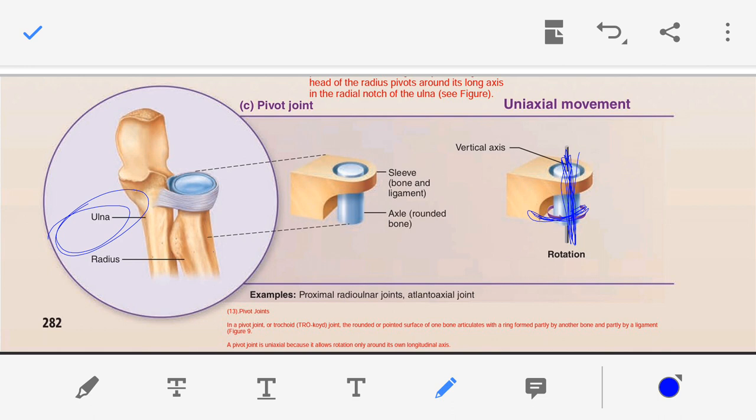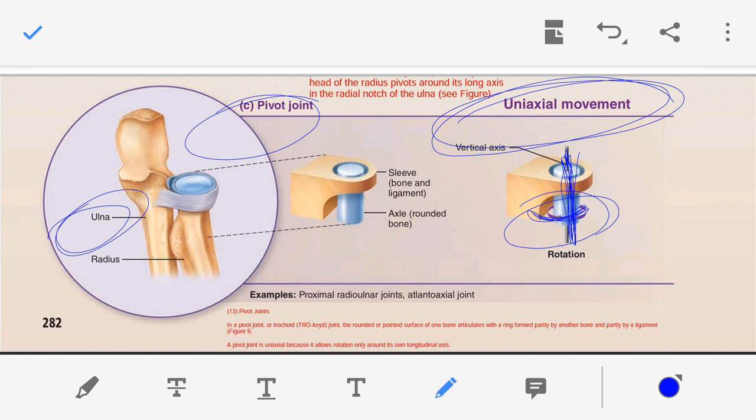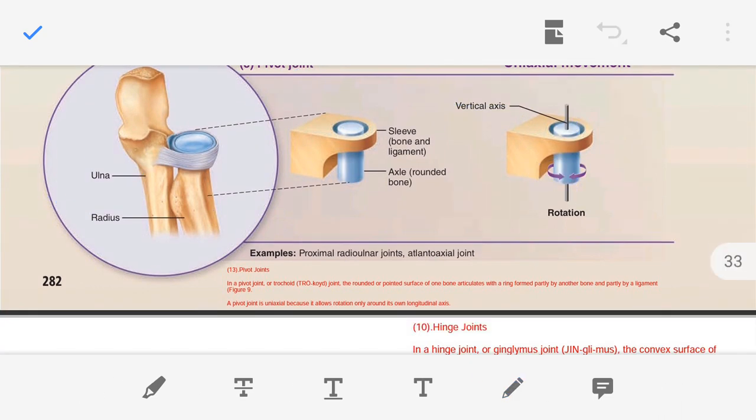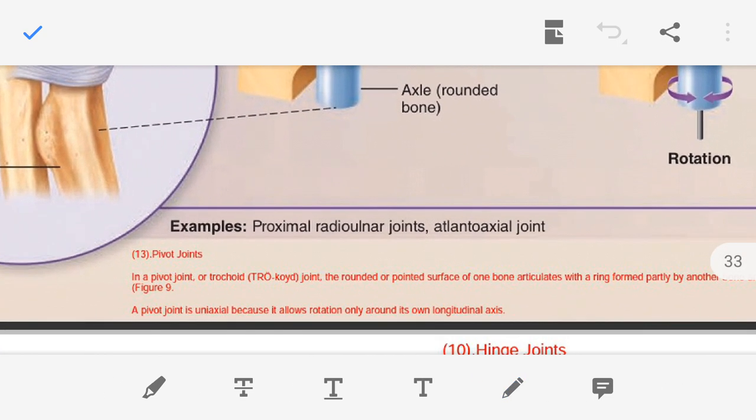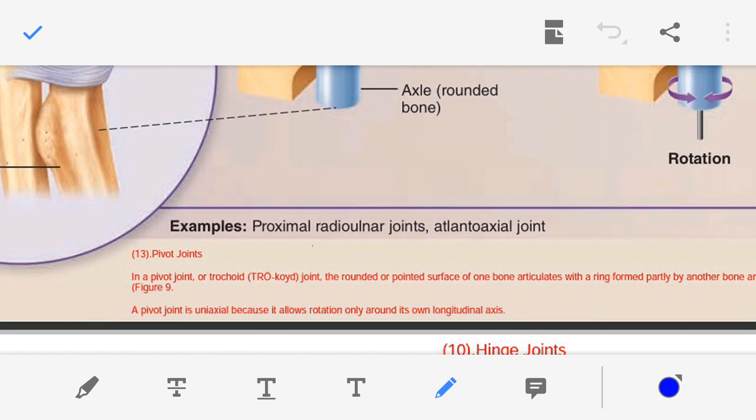So the only movement possible in the pivot joint is the rotational movement. The movement is possible in one direction only. So that's why the pivot joint is the uniaxial joint, and examples of the pivot joint are the proximal radioulnar joint and the atlantoaxial joint.